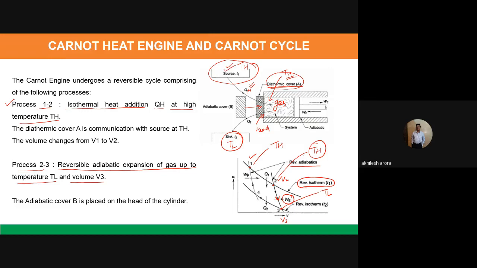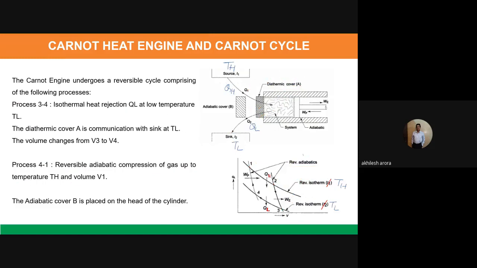Now what happens when the system has already reached point number 3? Now what we do, once again this diathermic cover is brought in contact, and this adiabatic cover is removed. So what will happen? The system will start transferring heat at the temperature TL to this sink, which is also maintained at temperature TL.